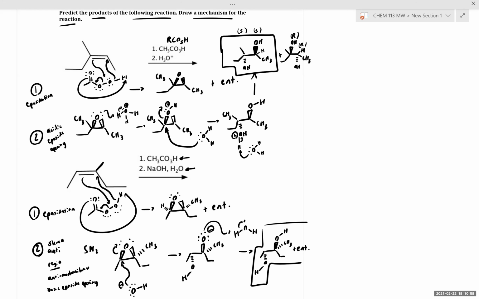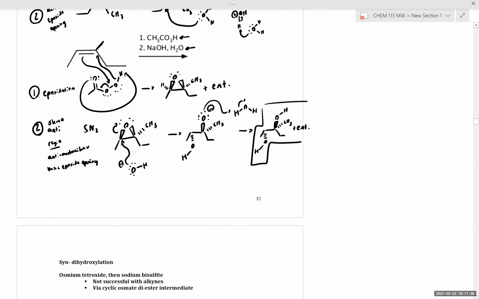Does everyone see how the conditions control the regioselectivity and, as a result, our product outcomes? Any questions on these two examples? If not, let's continue on then.